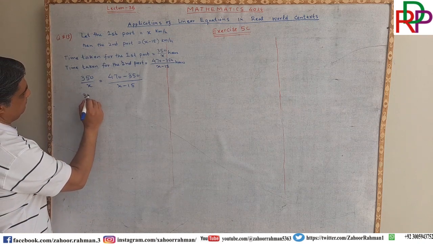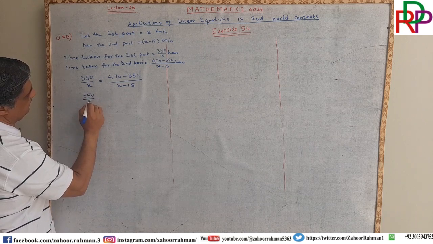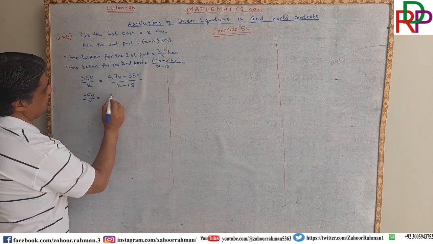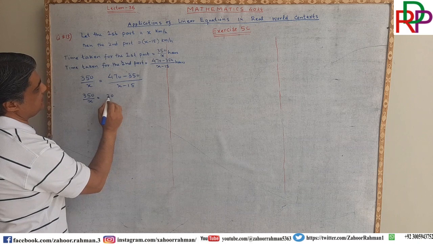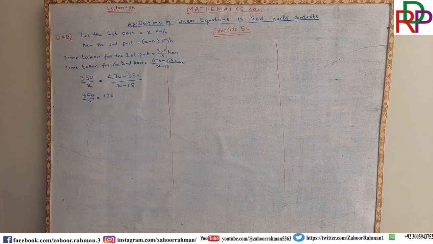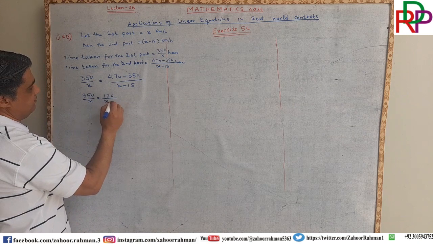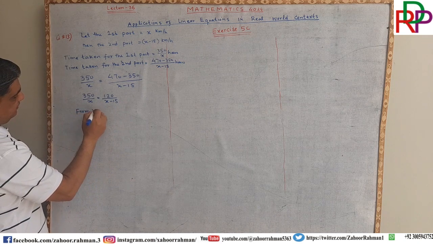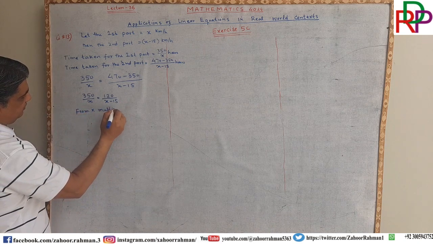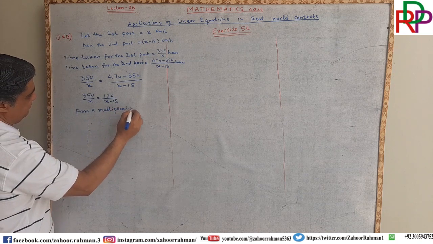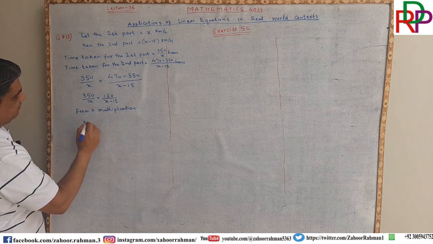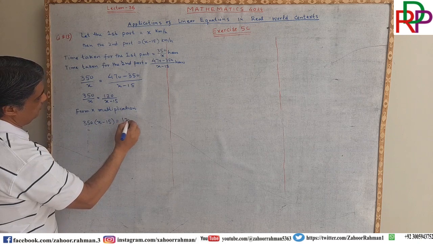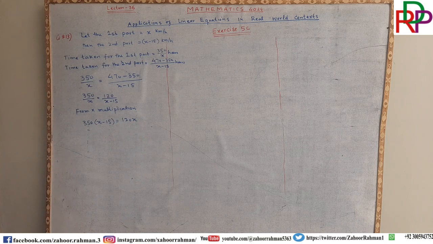So first I am writing 350 divided by x, and when we subtract this 350, so it will be 120 divided by x minus 15. Now from cross multiplication, 350 into x minus 15 and 120 into x.